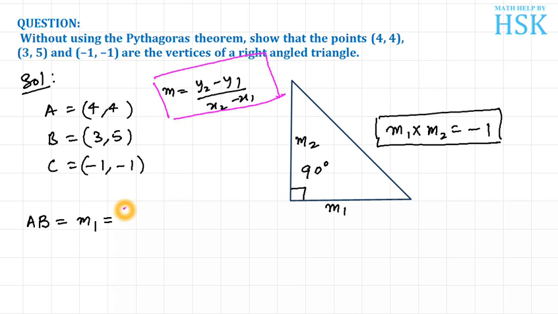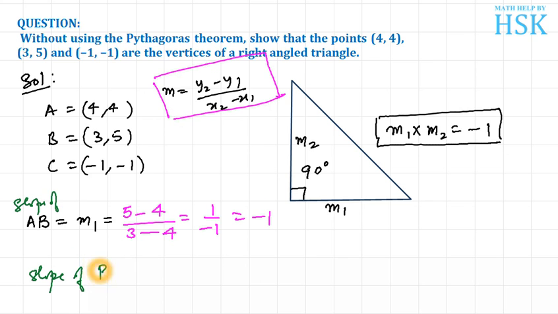So this will be equal to (5 minus 4) upon (3 minus 4). So this will be equal to 1 upon -1, that will be equal to -1. Here I should have written slope of AB.